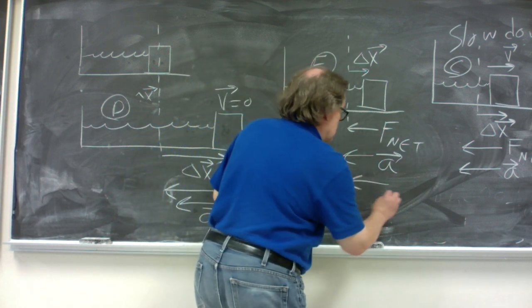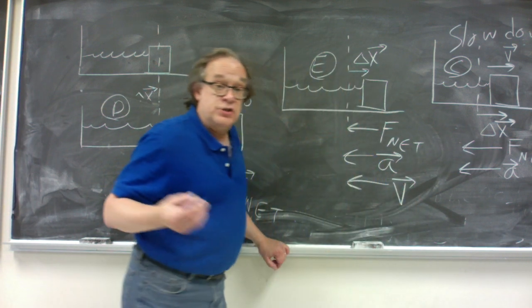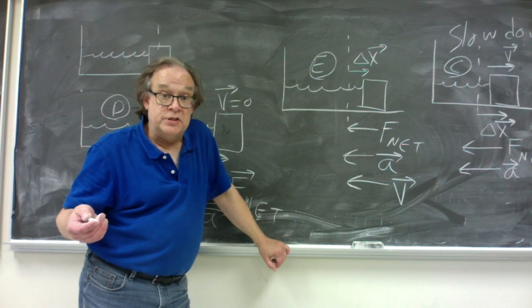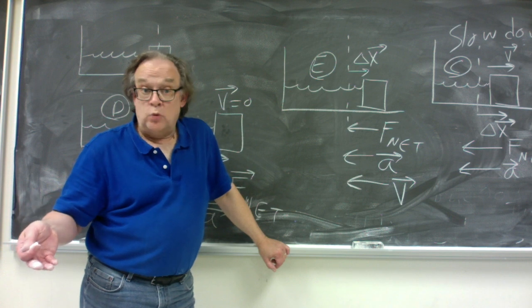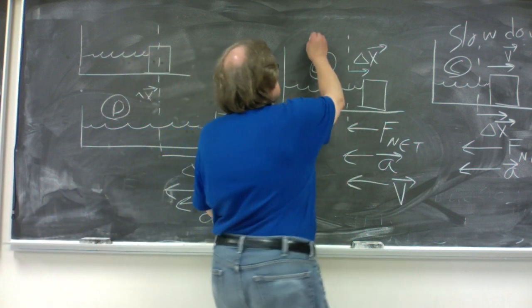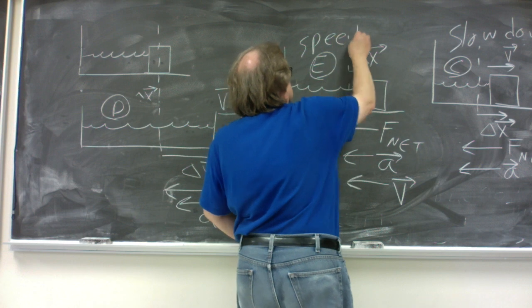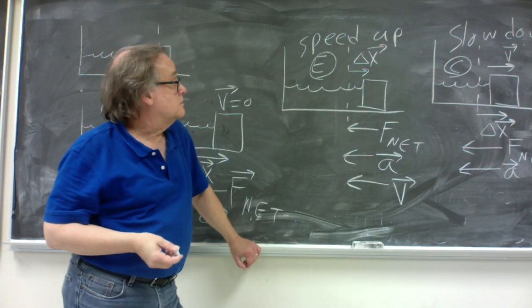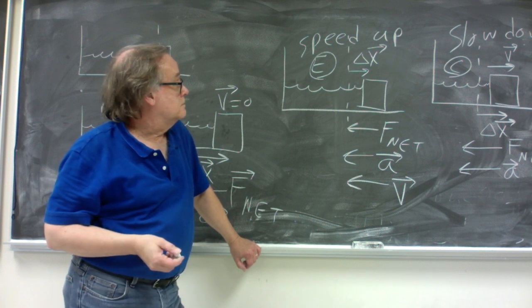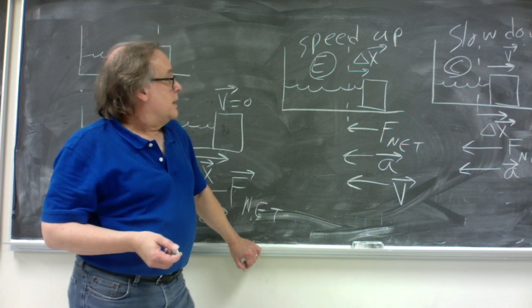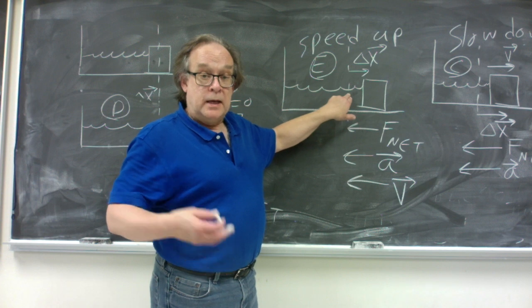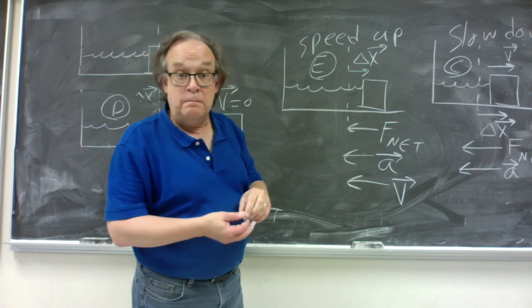So moving to the left and acceleration to the left, once again, when velocity and acceleration point the same way, the object always has to be speeding up. And then eventually, it'll get back to equilibrium, and it'll be the same kind of situation as we saw earlier.